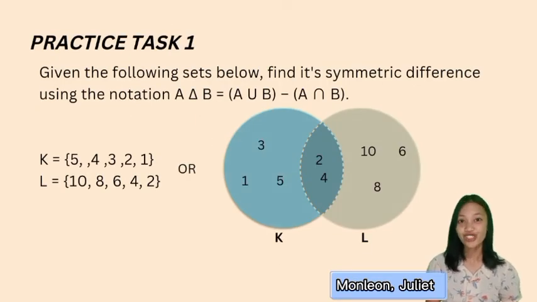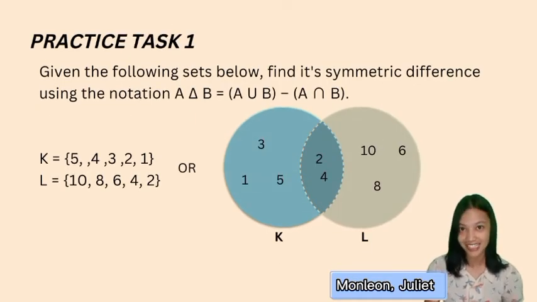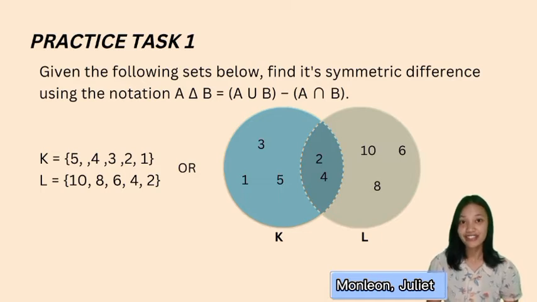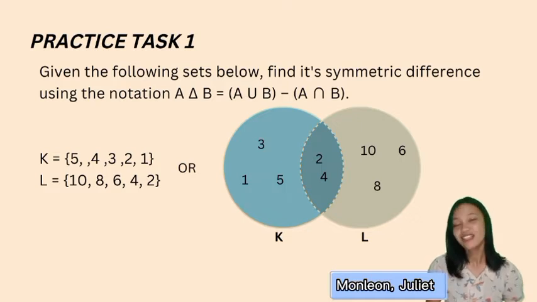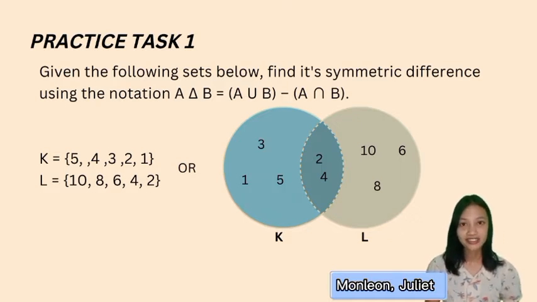So let us try to answer the given practice task. I will first read the given task, then pause the video for a second or a minute for you to answer it. So practice task 1.